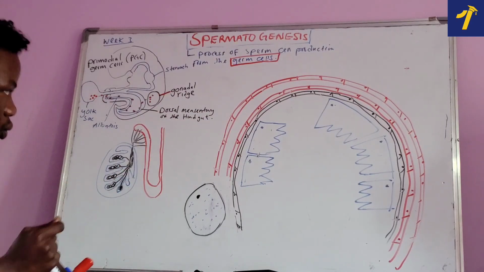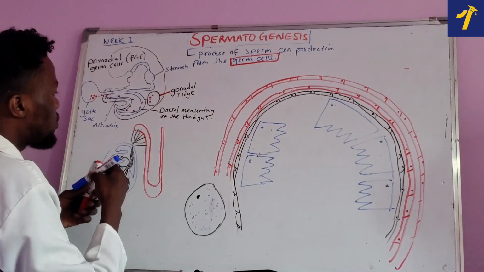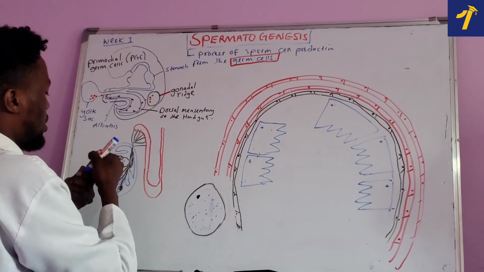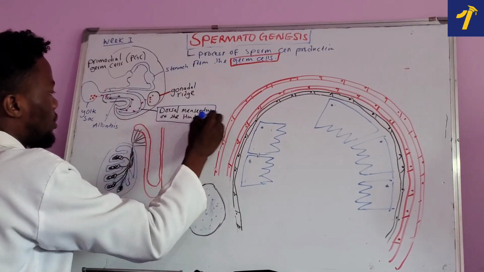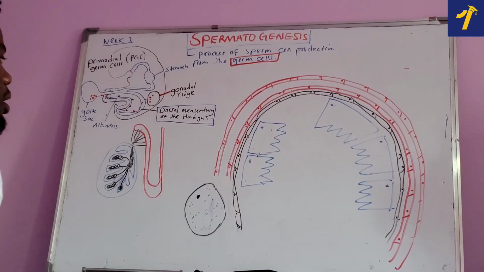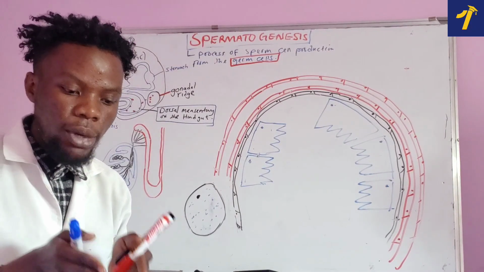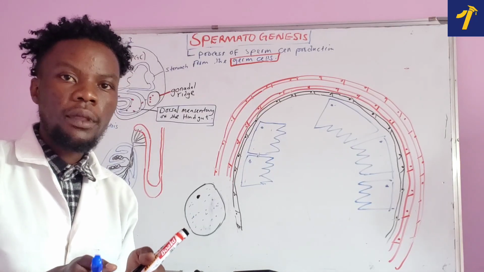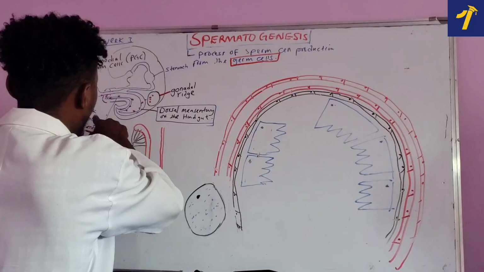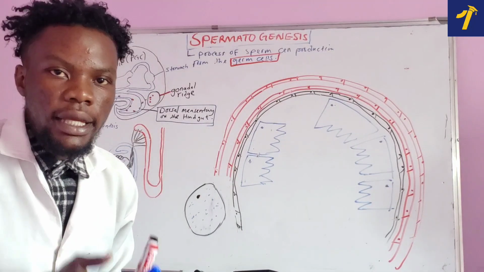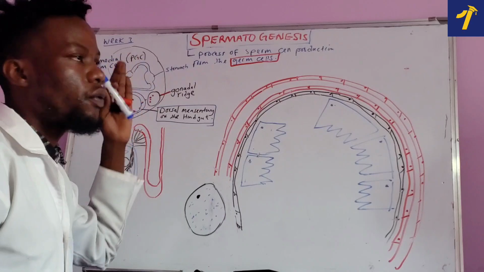Okay, you need to take note of that. So the dorsal mesentery of the hindgut is the pathway these primordial germ cells use to migrate from the yolk sac up to the gonadal regions.